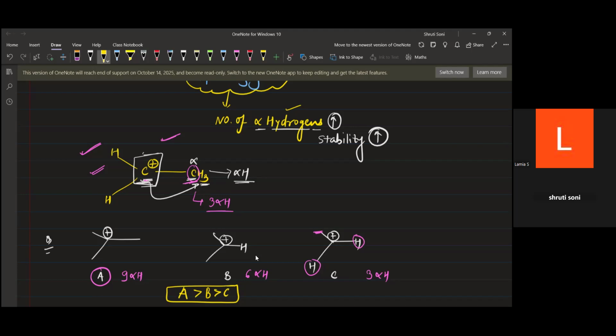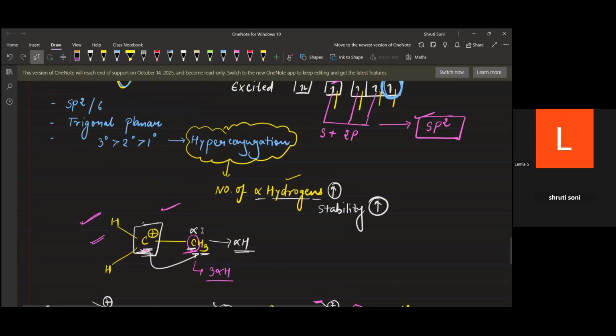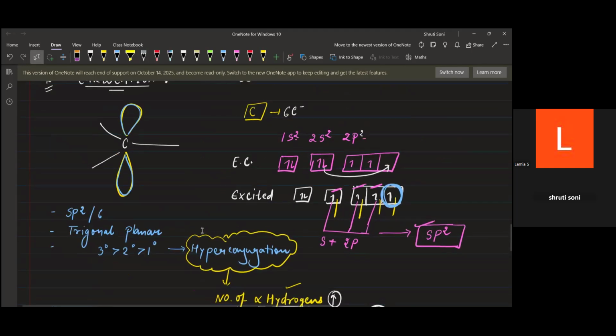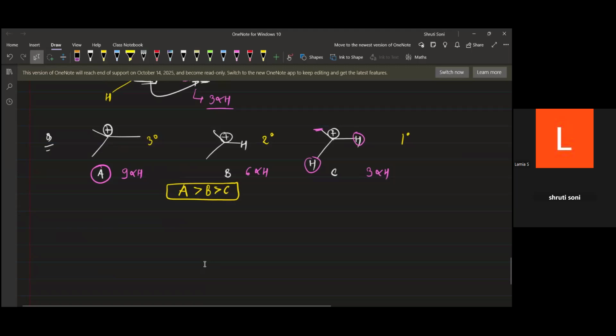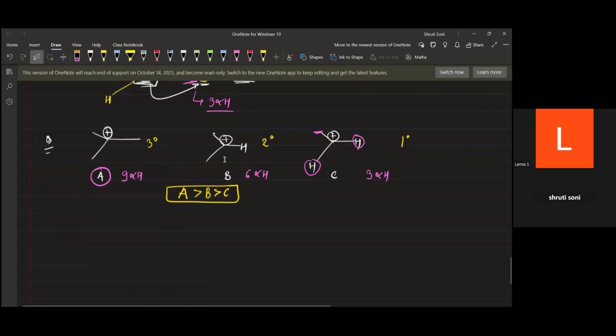Yes, very good. So the first one is 3 degree, second one is 2 degree, and the last one is 1 degree. As I write here, 3 degree is more stable than 2 degree and then 1 degree. We also proved how it will be stable.